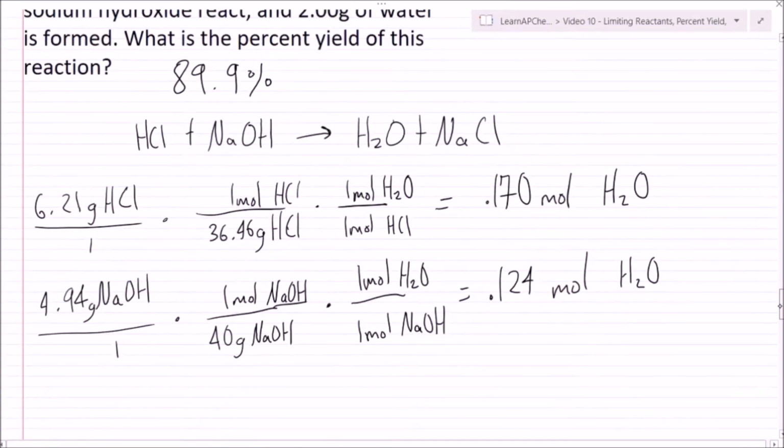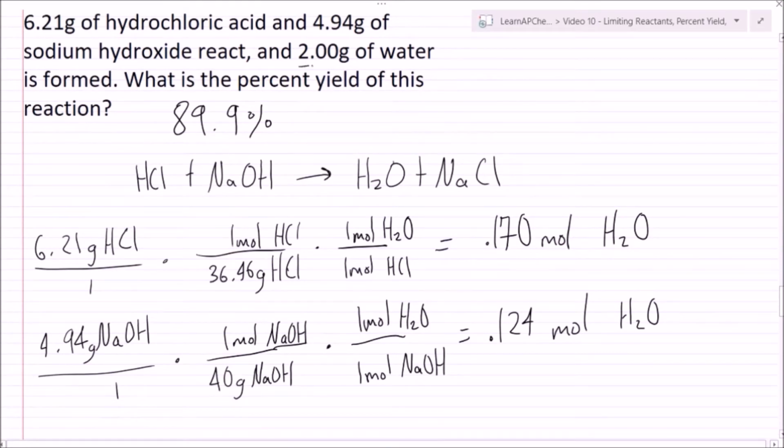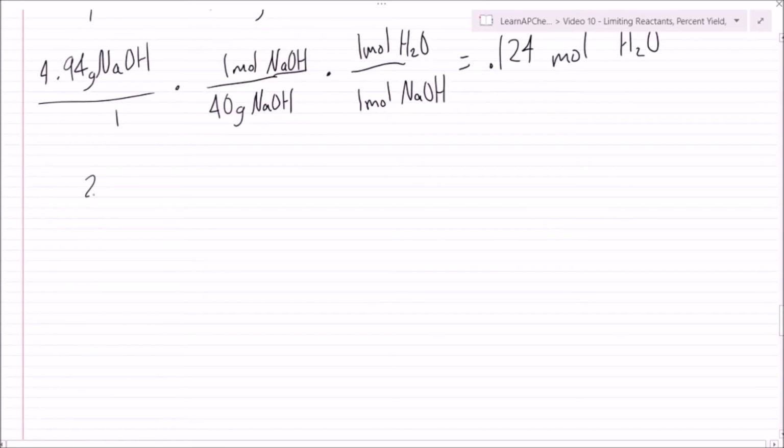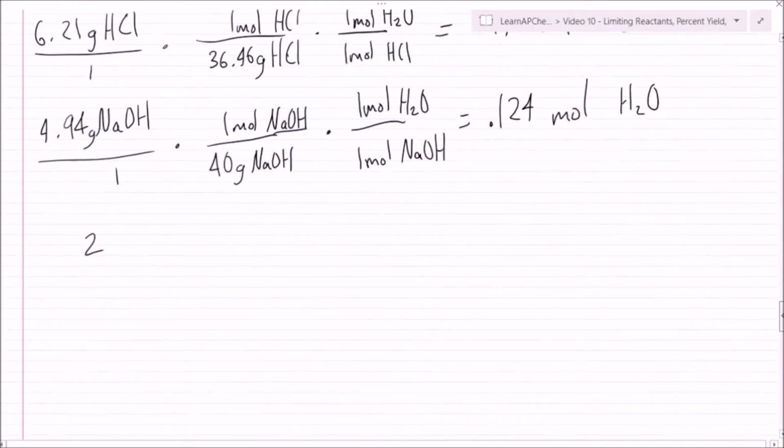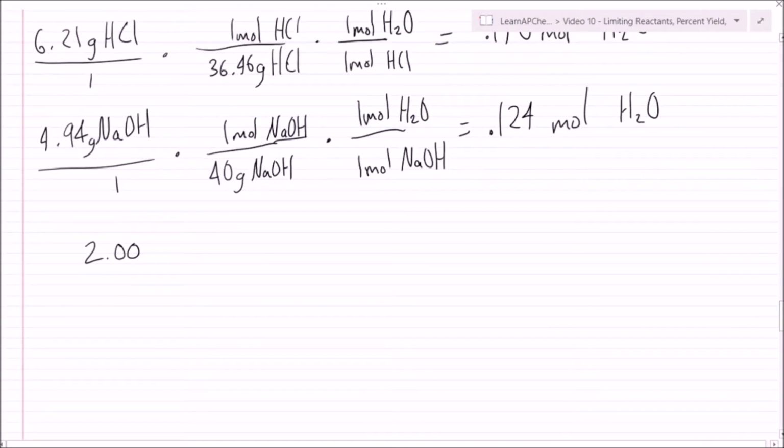So next, let's see what our percent yield is. I'm going to convert this 2 grams of water into moles. So 2 grams of H2O, and our molar mass is 18.01.